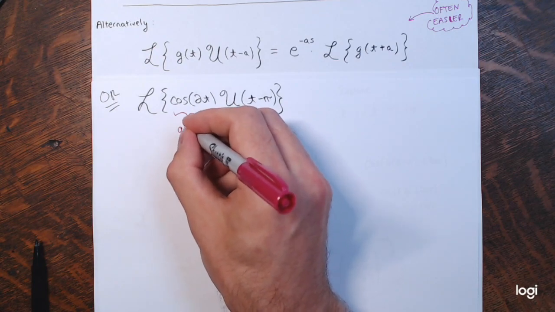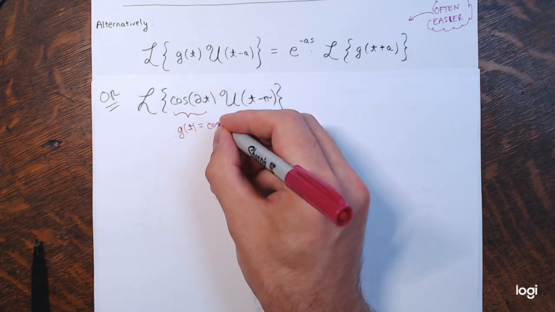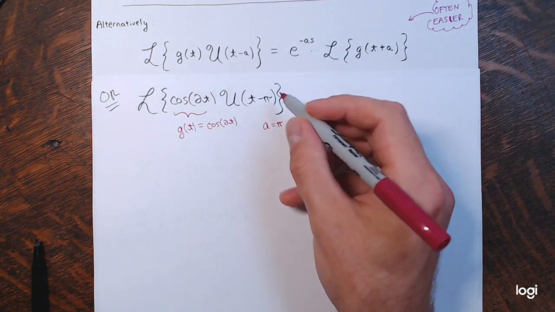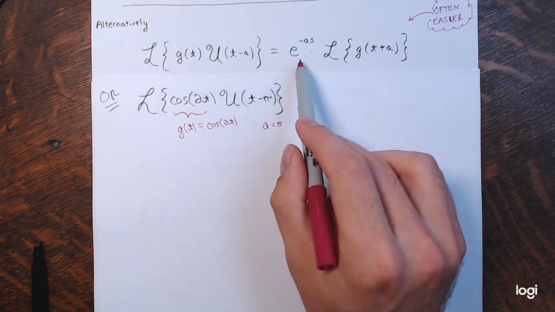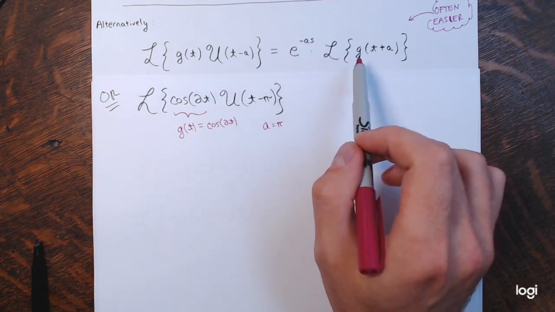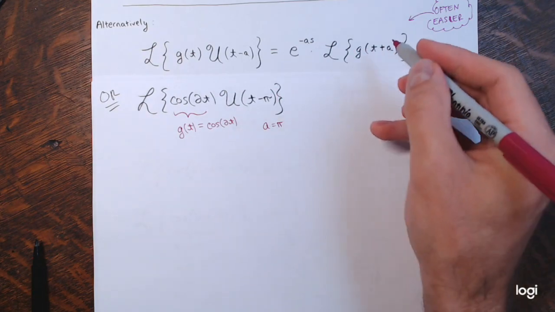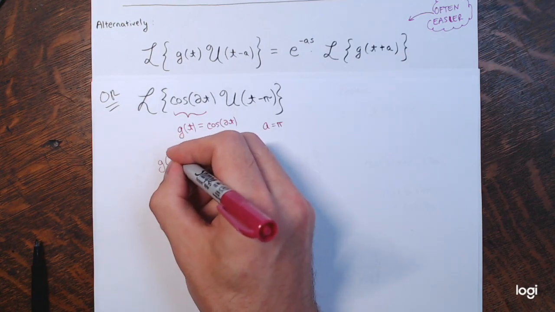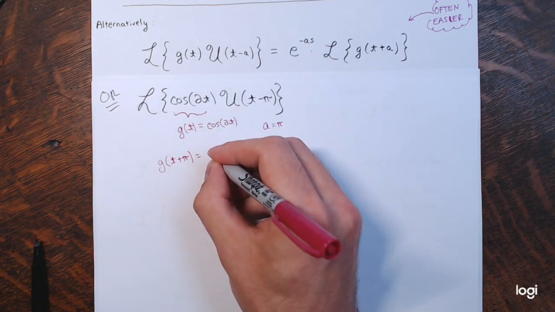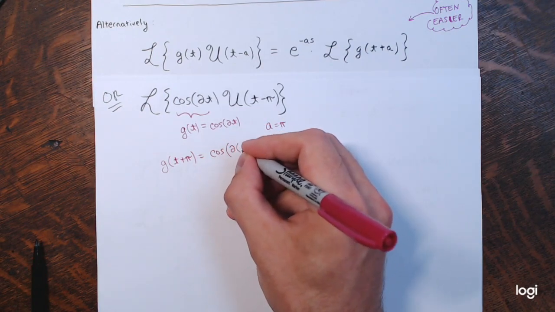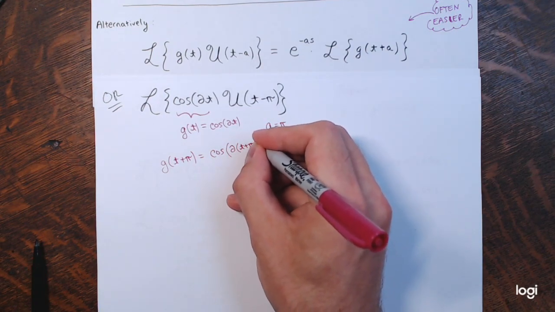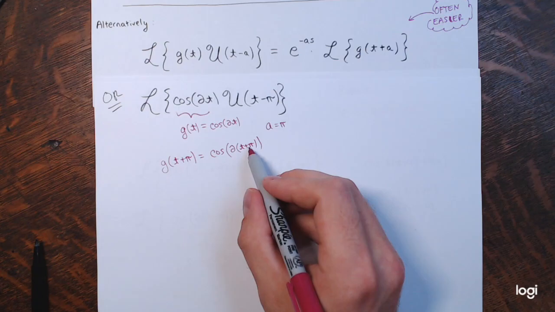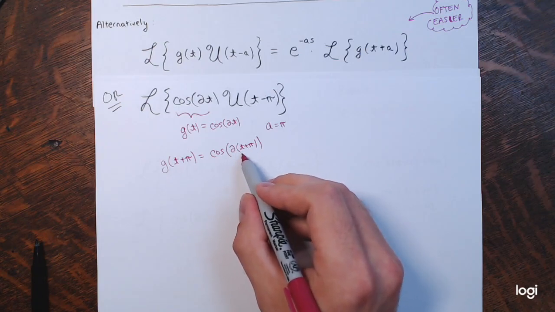Let's call that g of t. g of t is the cosine of 2t. And then again, the value of a is pi. So in the end, I need to know the Laplace transform of g at t plus a, or t plus pi. So if this is g of t, g at t plus pi would be the cosine of 2 times the quantity t plus pi, just replacing t with t plus pi. And then just as before, when I distribute the 2 here, I'll have 2t plus 2 pi.